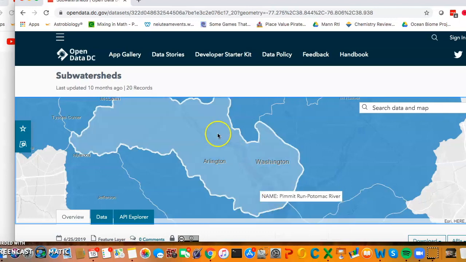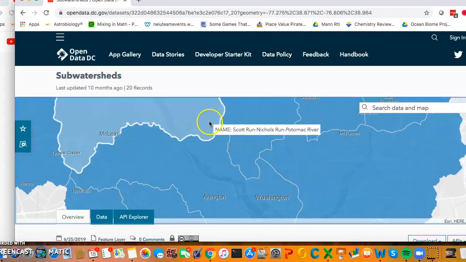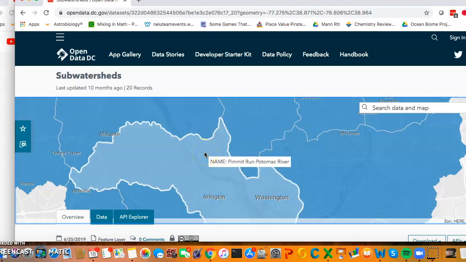So let's look at this map right here. If we're up here in northwest DC, you have Scott Run, Nichols Run, Potomac River. So Mass Ave is somewhere around here. So that's one watershed that some of you may be a part of, depending on how close you are to this dotted line, which is the Maryland border. You might also, though, be in the Pimmit Run, Potomac River watershed, which is right here.